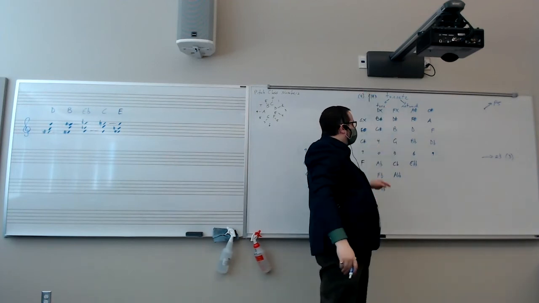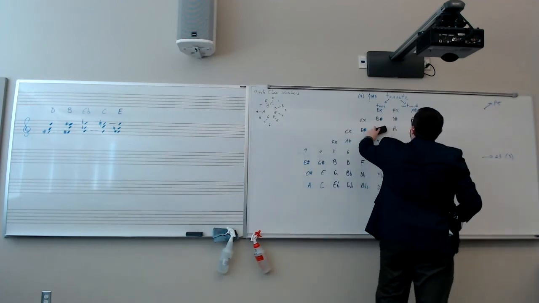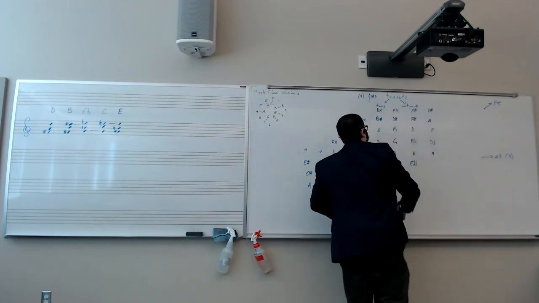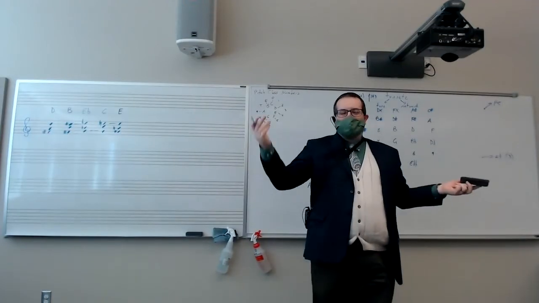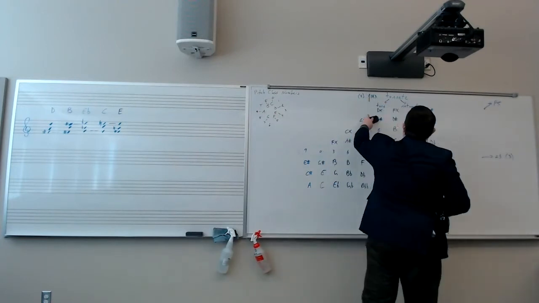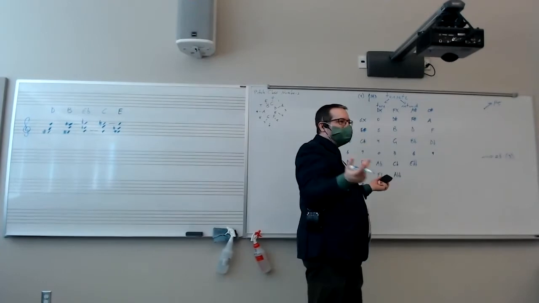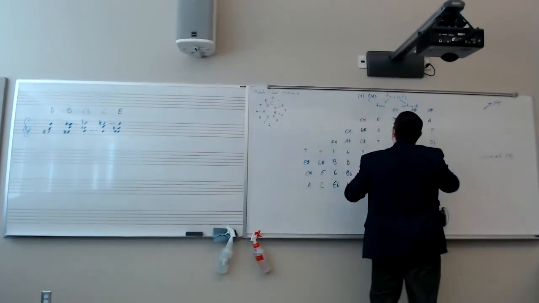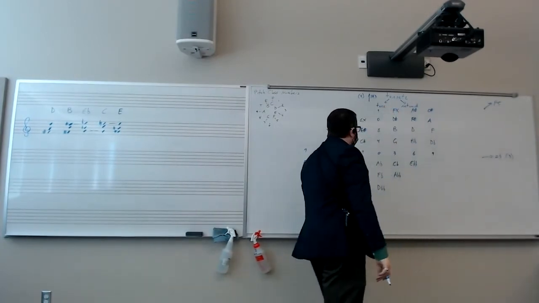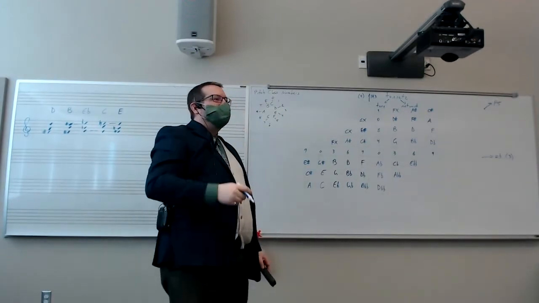So G sharp is going to be 4 plus 4 is 8. And B sharp is going to be 8 plus 4 is 0, because 12 takes us back to 0. And 0 plus 4, D double sharp, is 4. This is great. Get rid of all those double flats, double sharps. 0, 4, 8, 0. I think I can handle that.